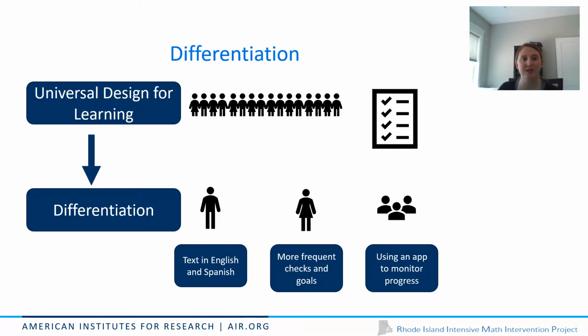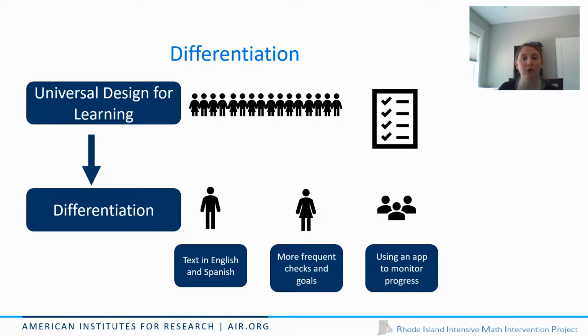What you know is that this strategy needs some differentiation for Jesus, your English language learner. He needs the text for goal setting in both English and Spanish, as well as visual cues. You also need to differentiate for Monica, your student who is diagnosed with attention deficit disorder and has an IEP.